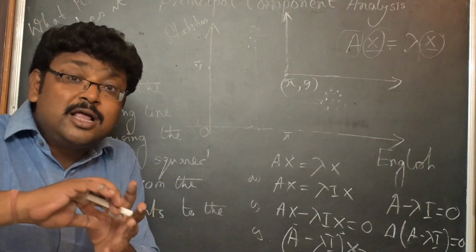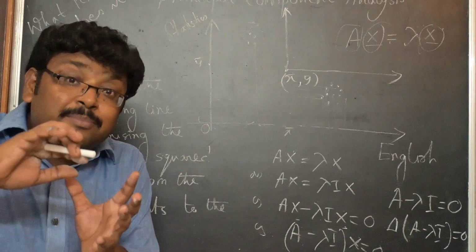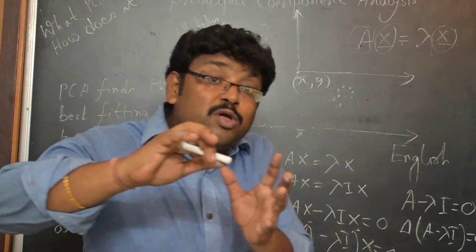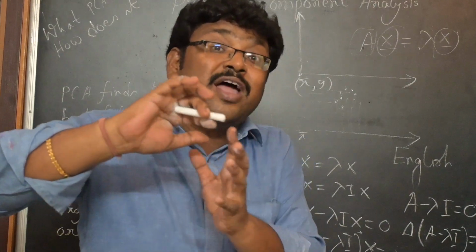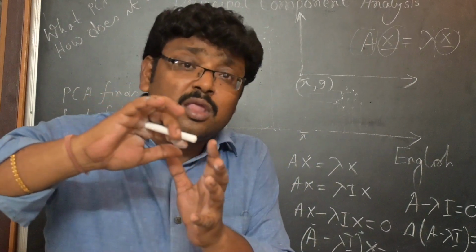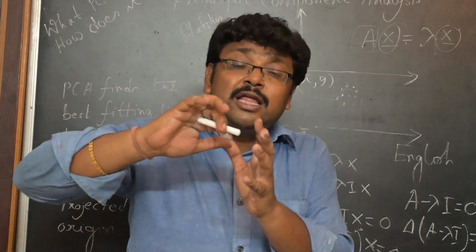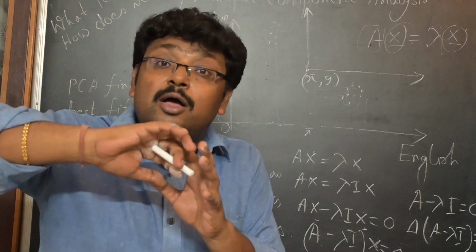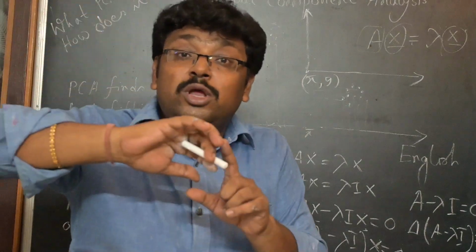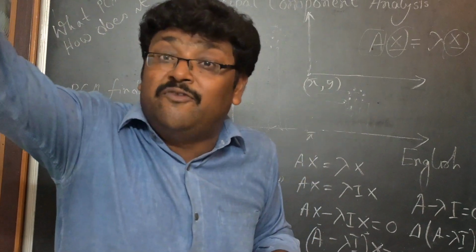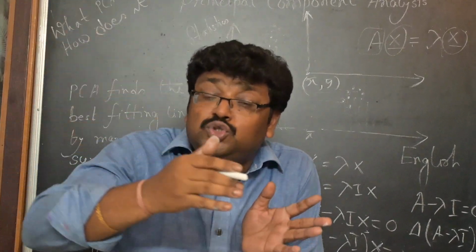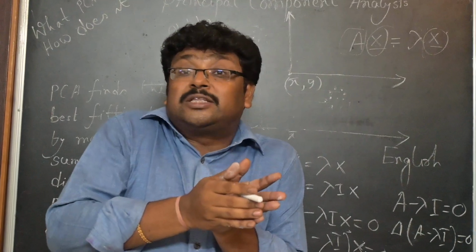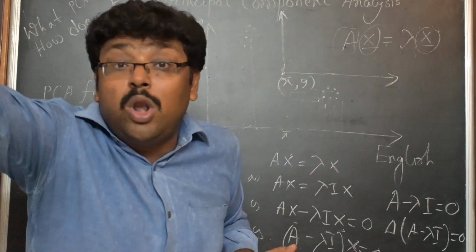So lambda is a value which, if we multiply the vector by it, will stretch the vector. It will increase or reduce the length of the vector, but the direction of the vector will not change.